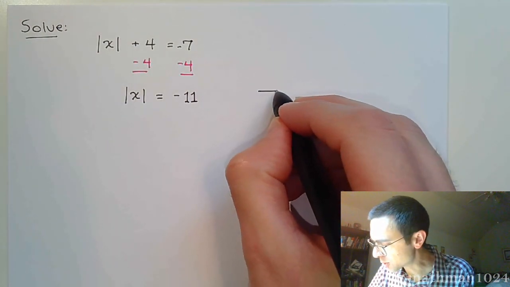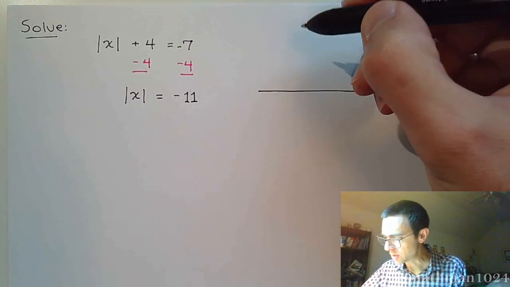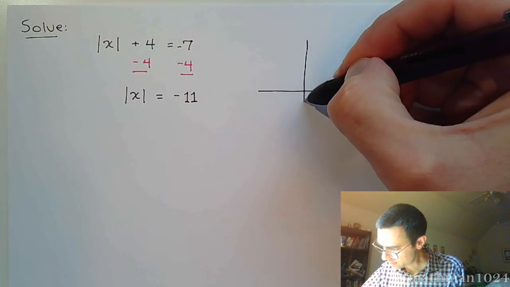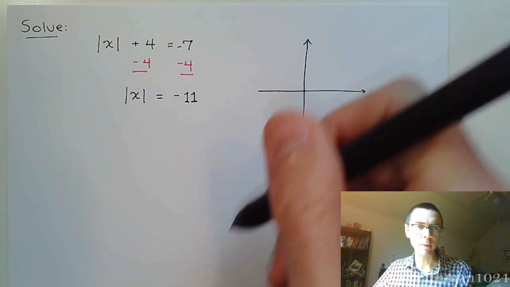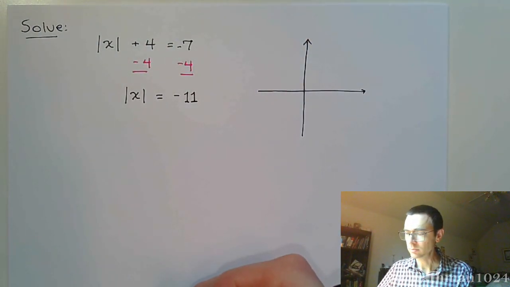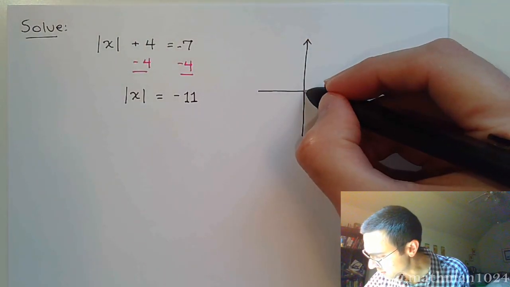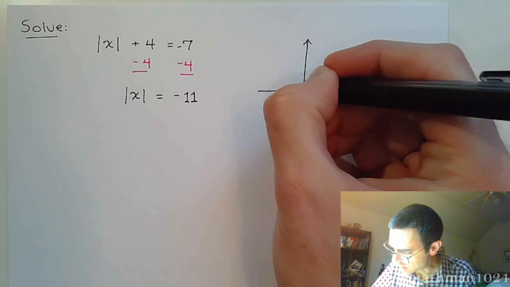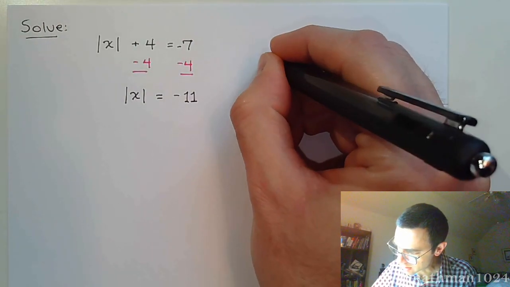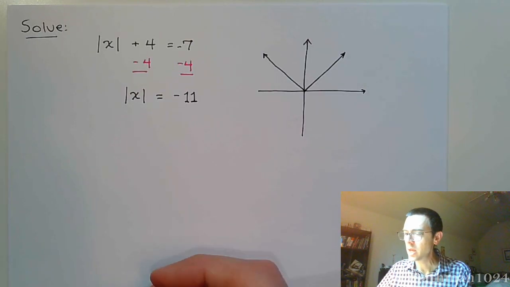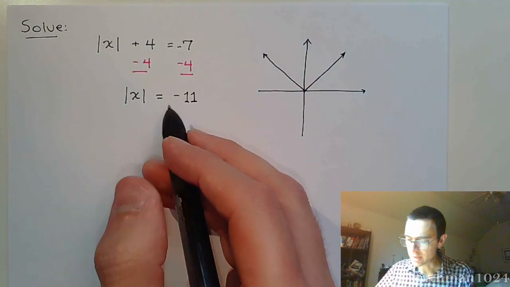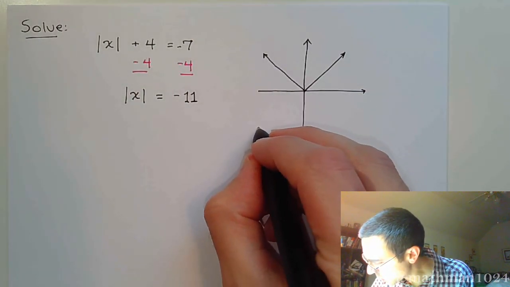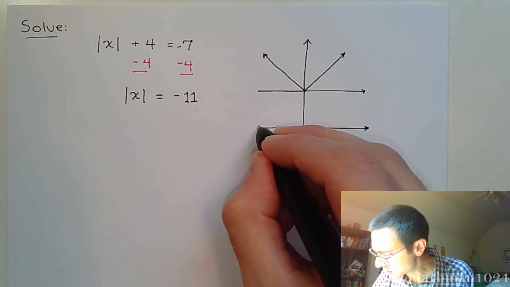And think about the graph of this. We just got done, just before spring break, we were talking about what these graphs look like. Okay, we talked about what the absolute value of x looks like, and it is this V shape like this. If I look at negative 11, that is a horizontal line right here.